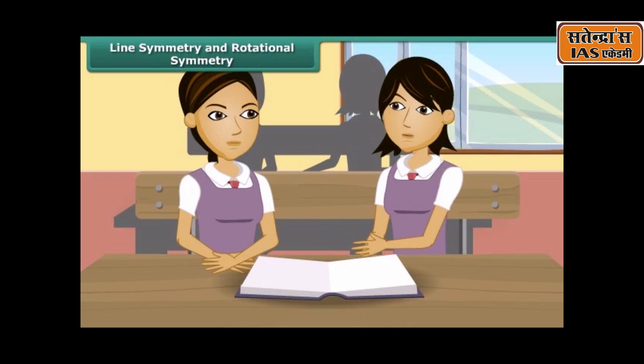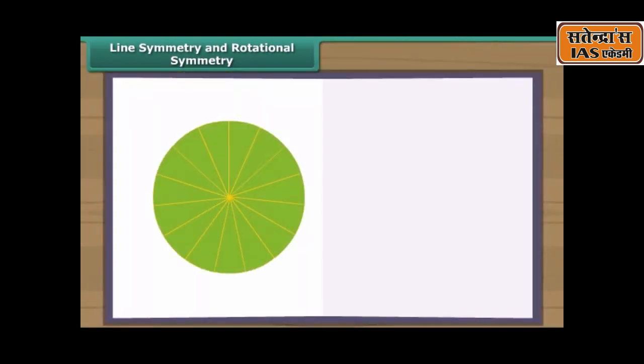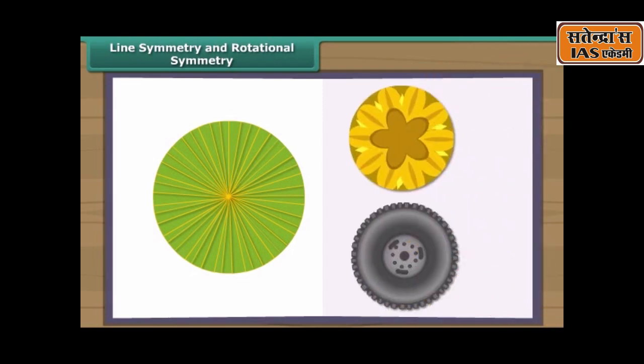Yes, the circle is the most perfect symmetrical figure. It can be rotated around its center through any angle, and at the same time, it has an unlimited number of lines of symmetry. Observe these circle patterns. Every line through the center forms a line of symmetry and has rotational symmetry around the center for every angle.